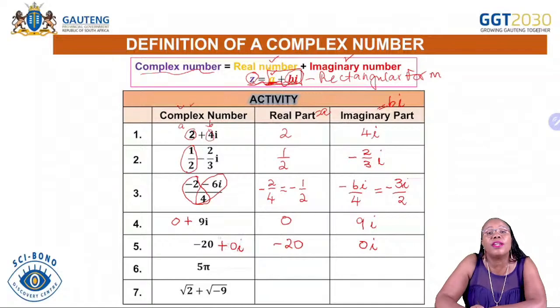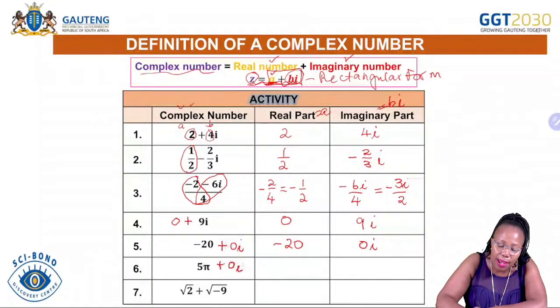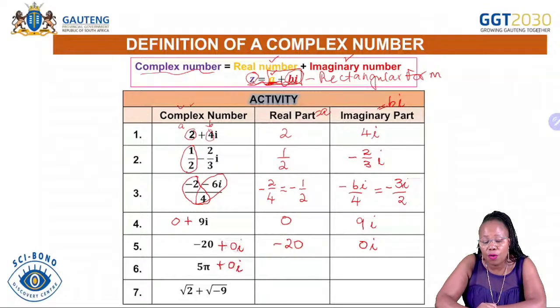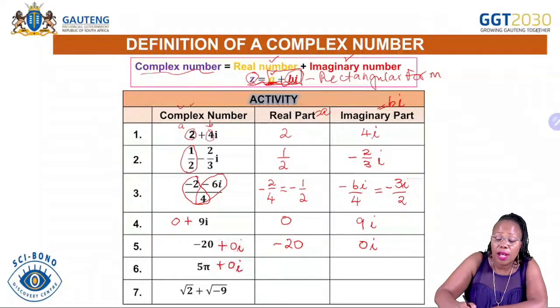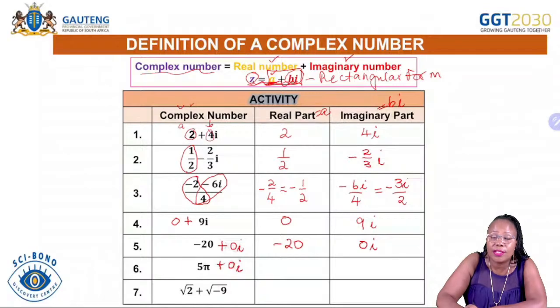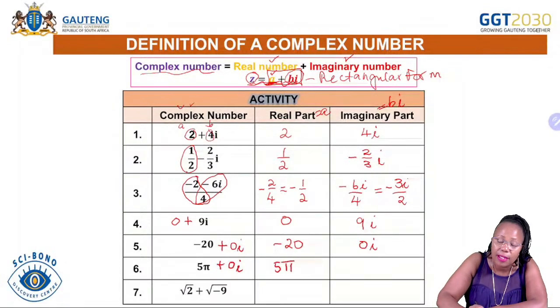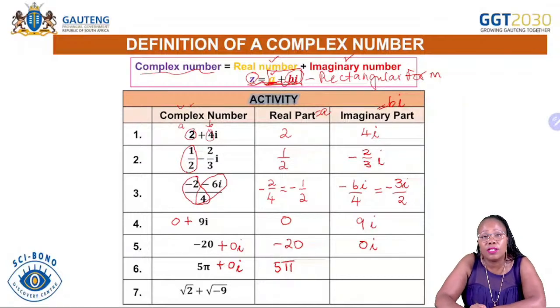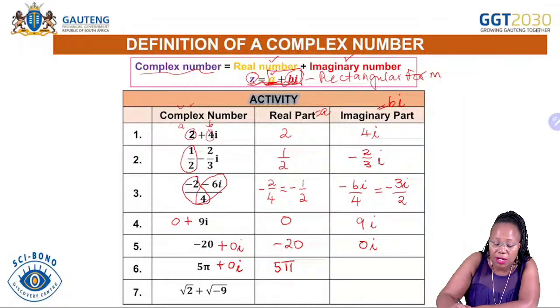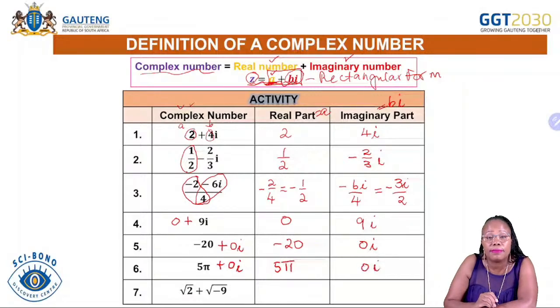No. So if there is no i, that means it's plus 0i. Then we have a correct notation there. We can now take out the real part. What is our real part? It's 5 pi. Anything without i is your real part. And the imaginary part will still be 0i for this case.